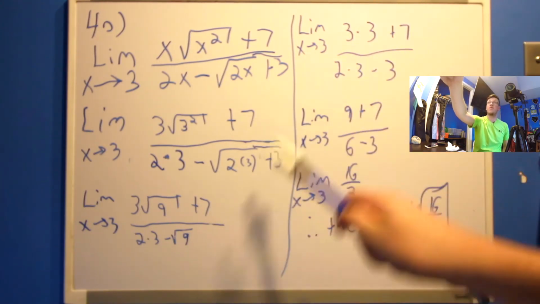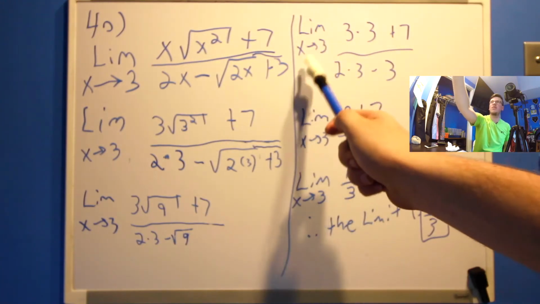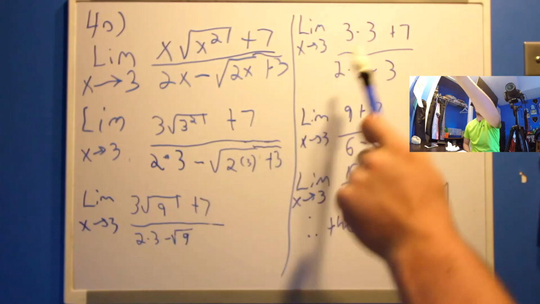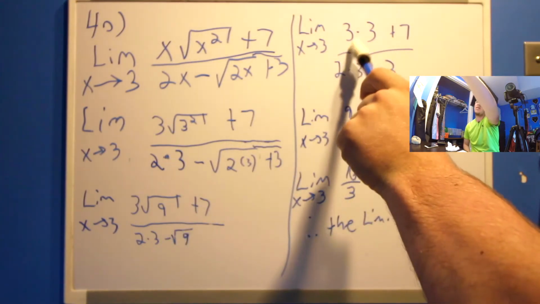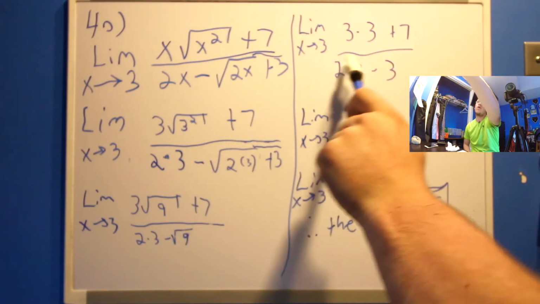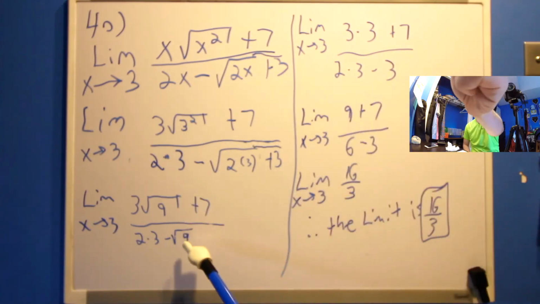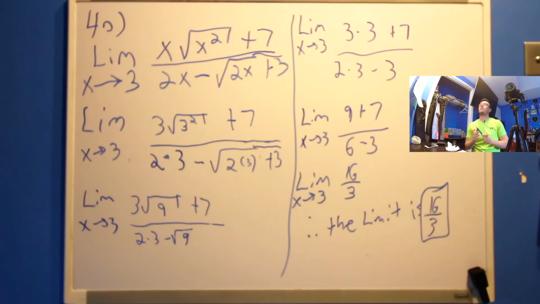The next line would be, as the limit x approaches 3, the square root of 9 is 3, so now it becomes 3 times 3 plus 7 over 2 times 3, subtract 3, because on the bottom the square root of 9 is also 3.